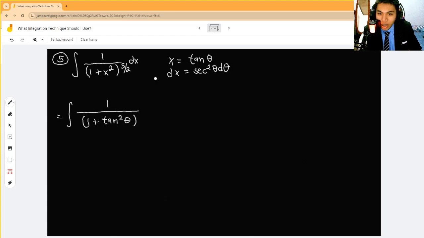We have 1 here, and don't make a mistake here, dx is secant squared theta d theta, and this goes on to the numerator. So secant squared theta on the numerator, and we raise the denominator to 5/2. Don't forget 5/2.